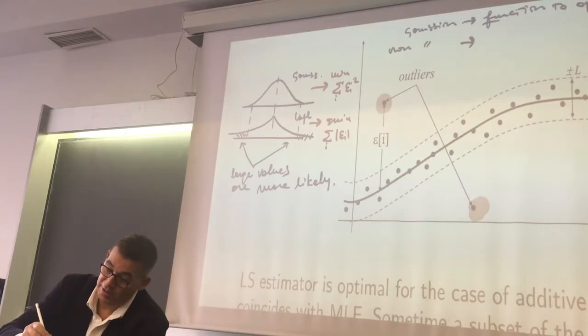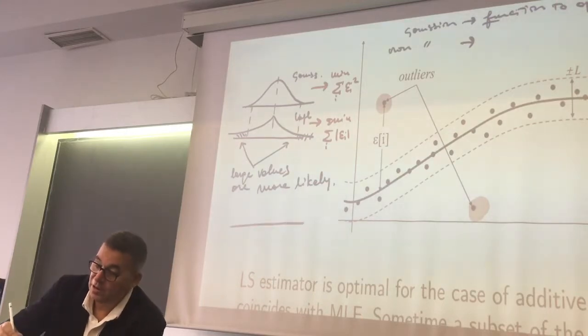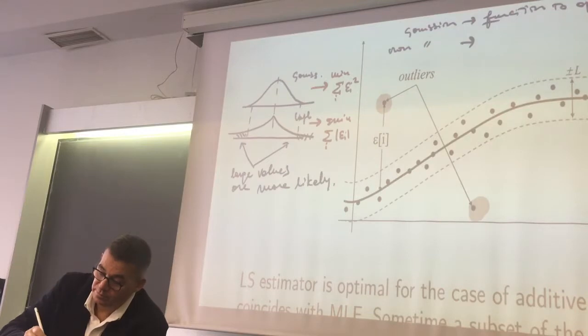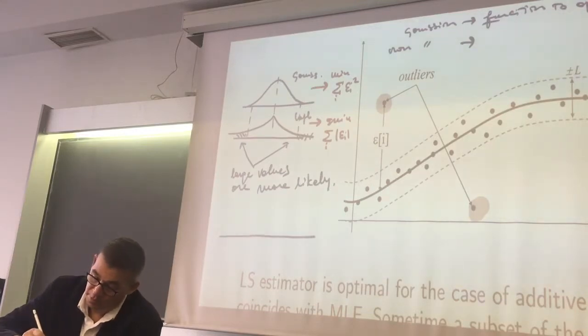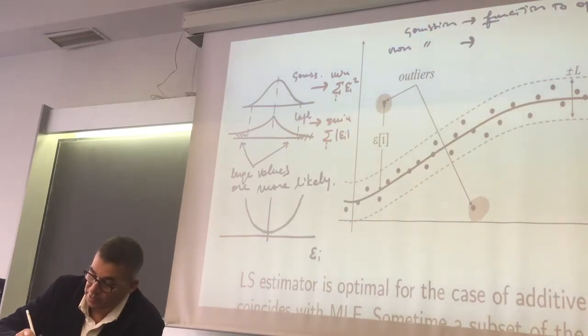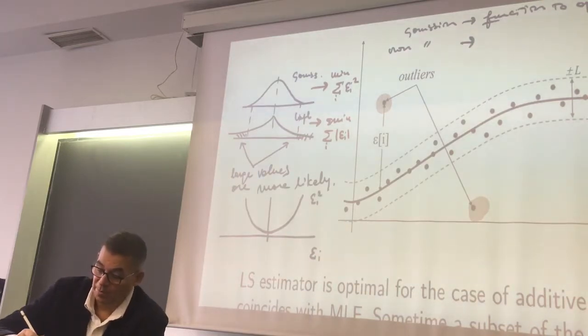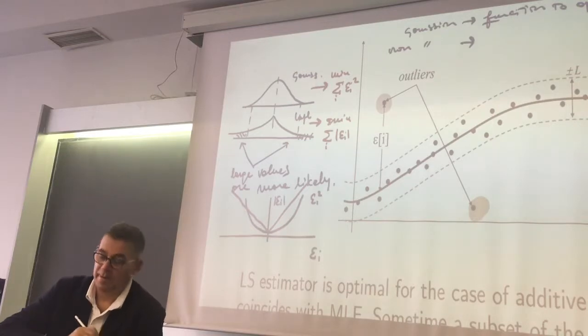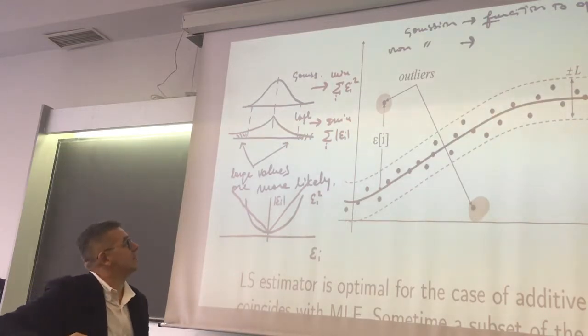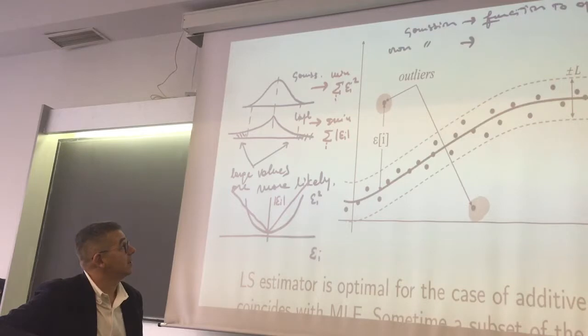So in the first case, for Gaussian, if I have an error epsilon i, this behavior is epsilon i squared. And for Laplacian, it is this one. So I have two objective functions that I'm manipulating, the Gaussian and the Laplace.